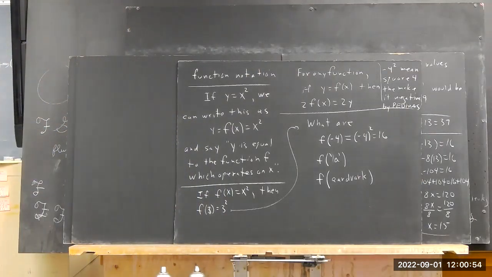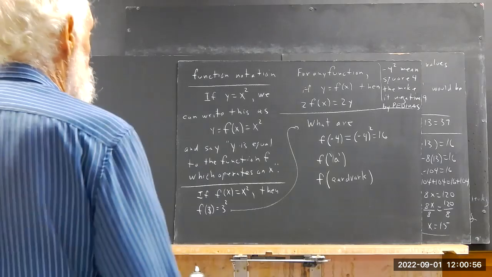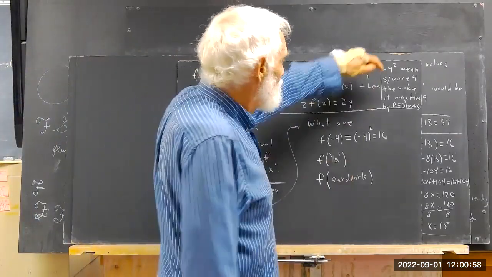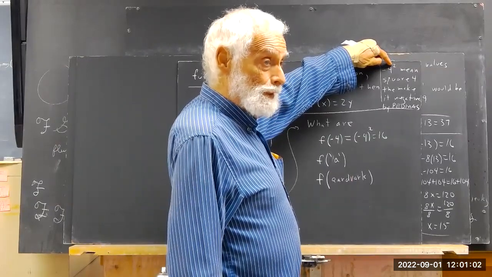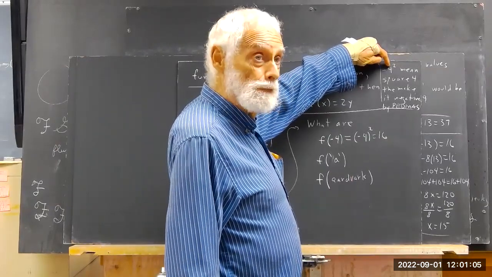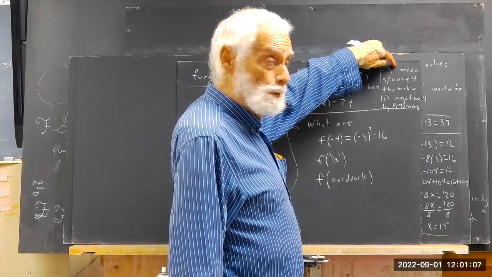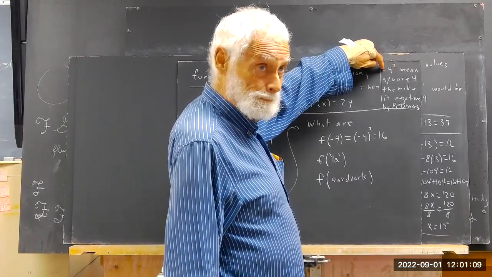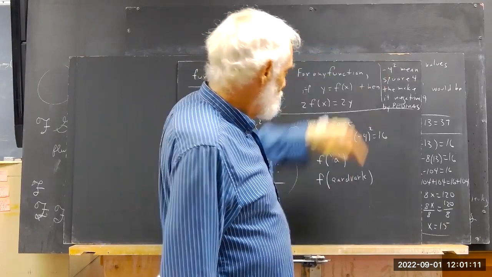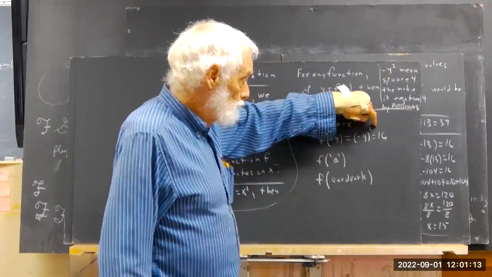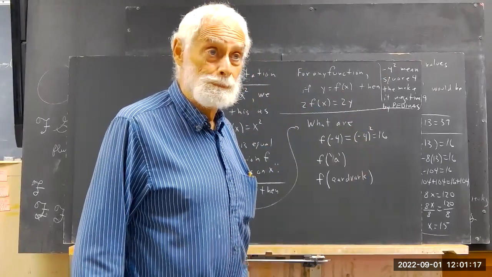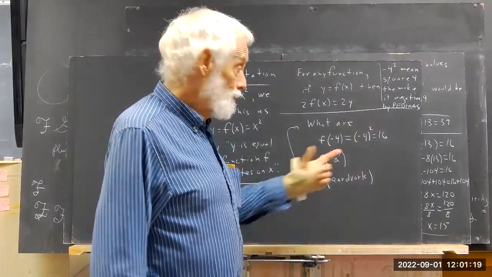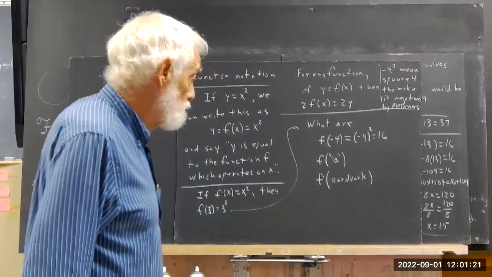Okay, and you're going to have an assignment on that. It just means you're raising to an exponent, and the exponent only applies to whatever it's attached to, and the exponent is not attached to that negative sign. Okay, now if you write it this way, the exponent is attached to what's to its left, which is everything in parentheses. And that's what you would get for f of -4.